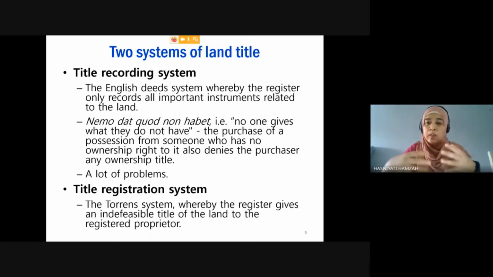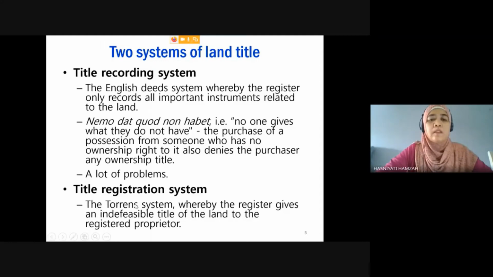You must use these three principles so that whatever is on the title is final, is ultimate. You cannot question the title, the registry, and you cannot question what is on the document of title. Take it as it is, or the land title itself.